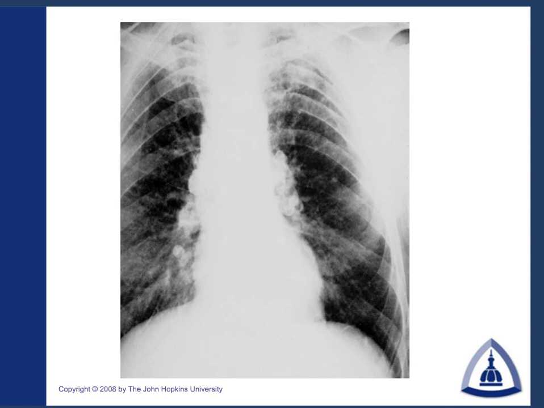And what we see here are these very discrete, nicely outlined, calcified lesions. This is eggshell calcification of silicosis. And this is a classic X-ray of someone with silicosis, an eggshell calcification.